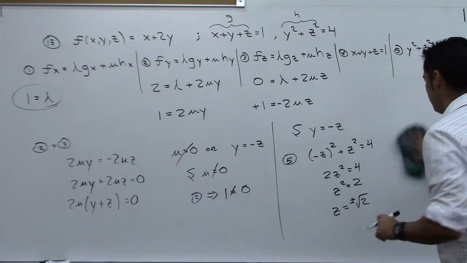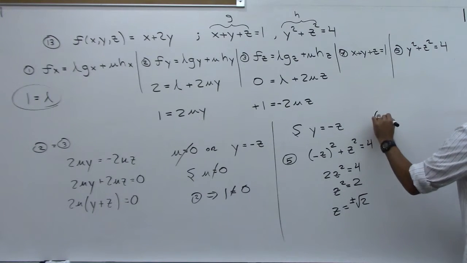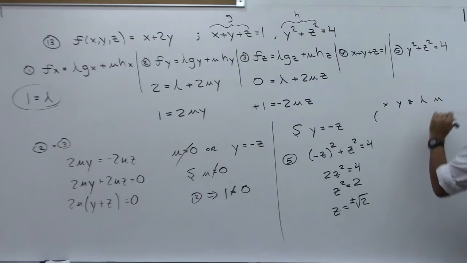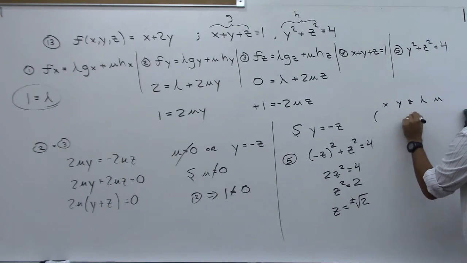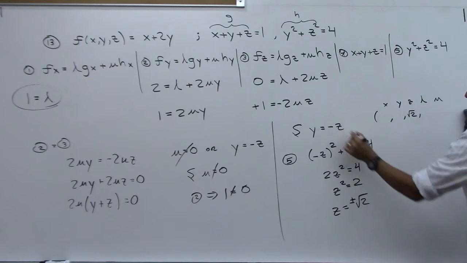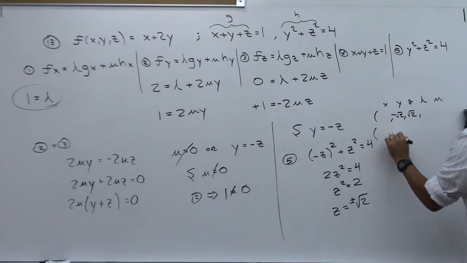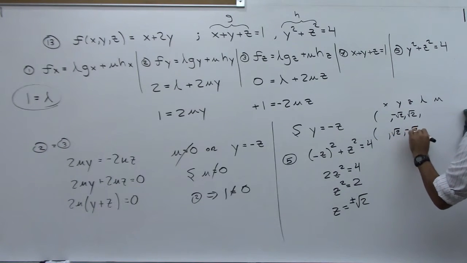Let me do it this way. I'm trying to find x, y, z, lambda, mu. I know that if z is root 2, y must be the opposite, so negative root 2. I could also have root 2, negative root 2.